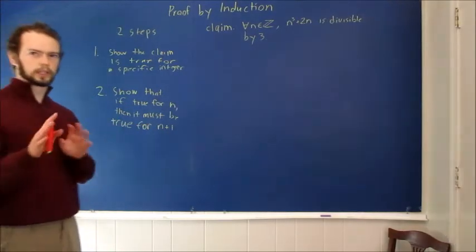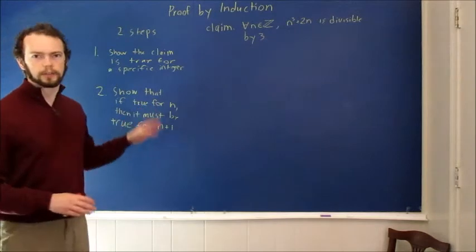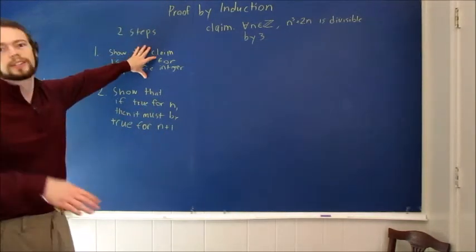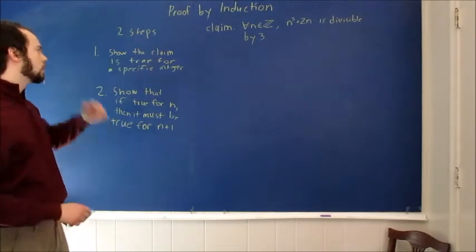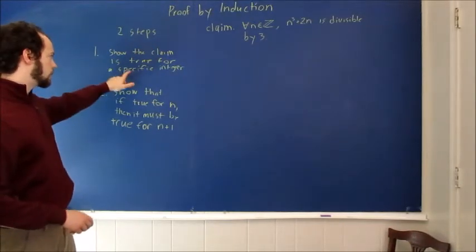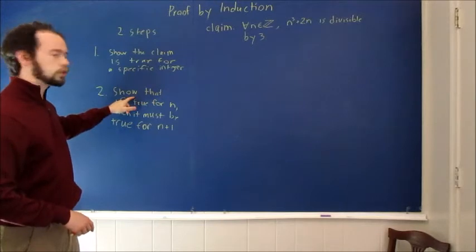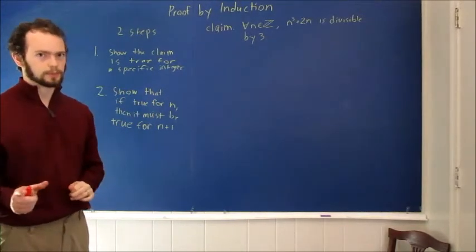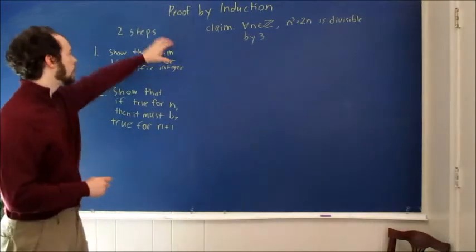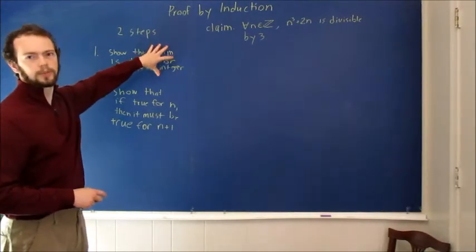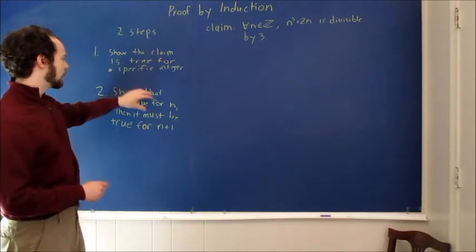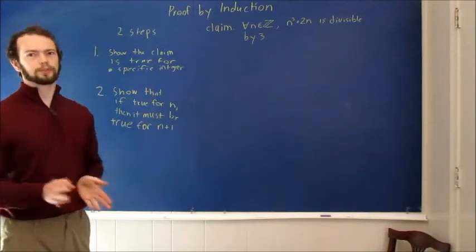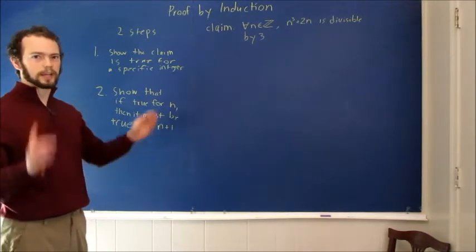And hopefully you can see the intuition behind why this works. We first show it's true for some integer, like say 0. And then we show that if it's true for one integer, it's true for the next biggest one. We already showed that it's true for 0, so since this second part is also true, it must also be true for when n equals 1.